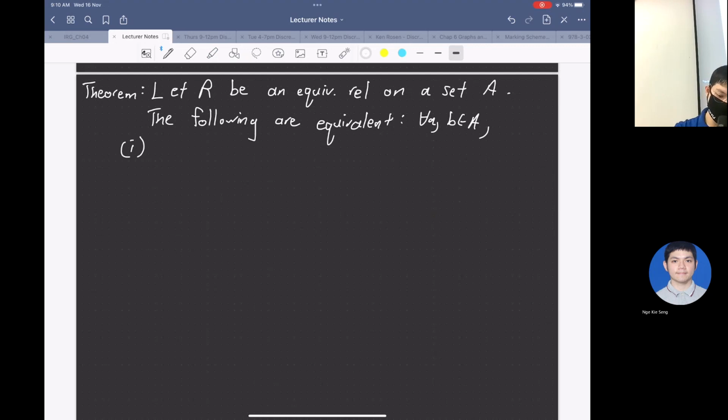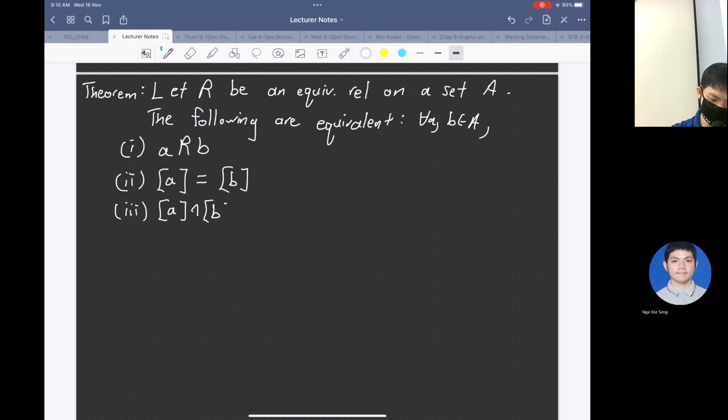What does it mean for a to be equivalent to b? You can study their equivalence classes. It turns out that their equivalence classes are the same, they are equal.